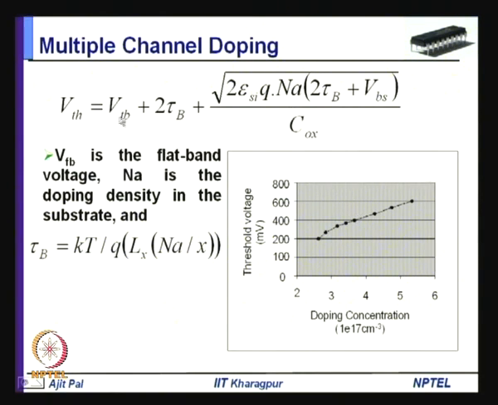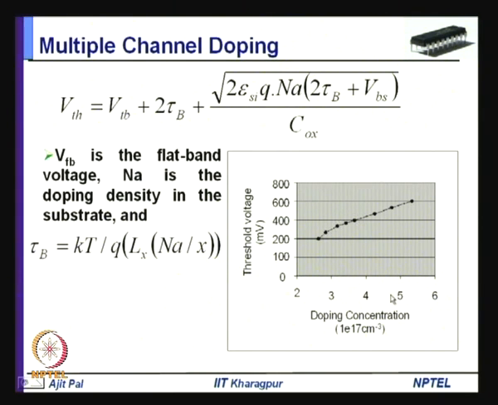So, VTB here is flat band voltage, Na is the doping density in the substrate, and you can see tau b is equal to kT by q into Lx into Na by x, where x is the kind of channel penetration.